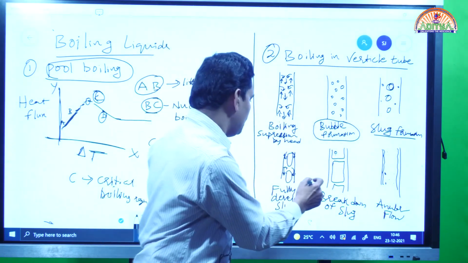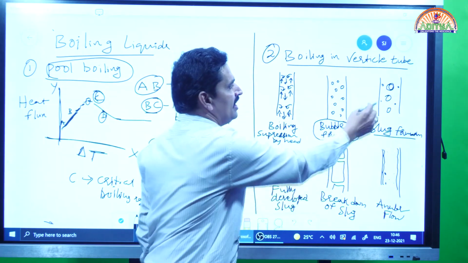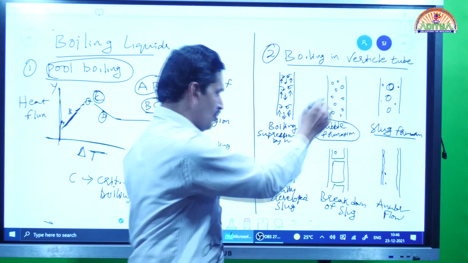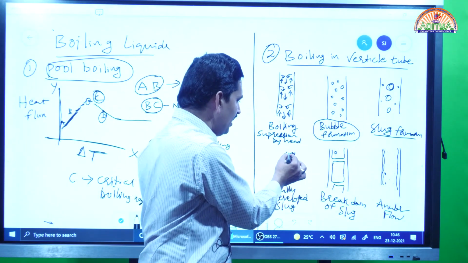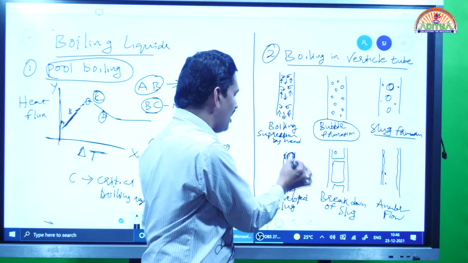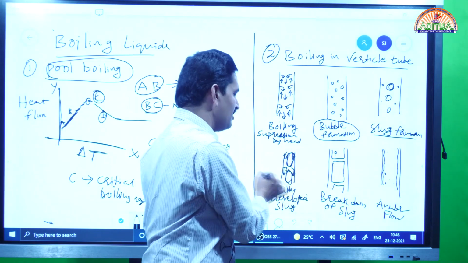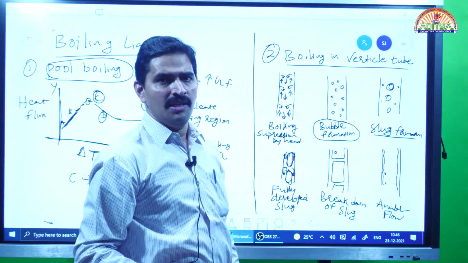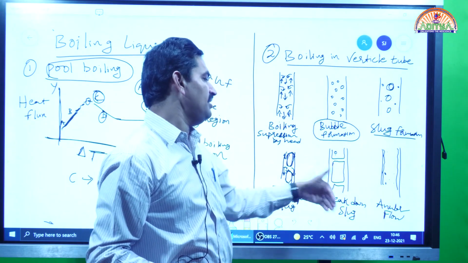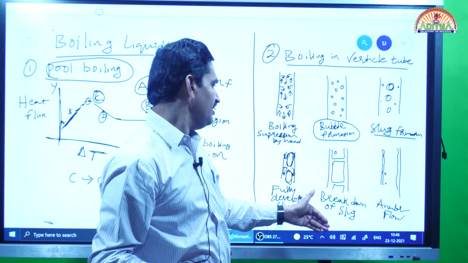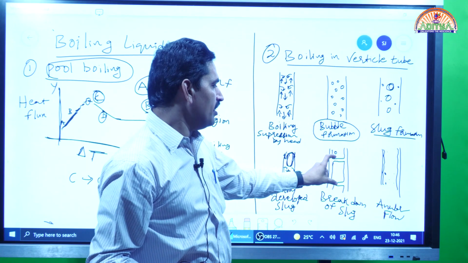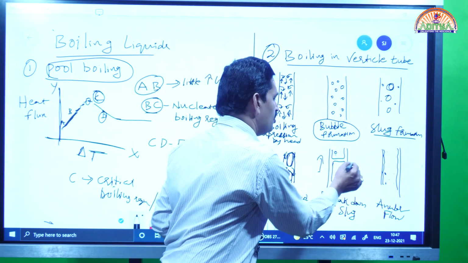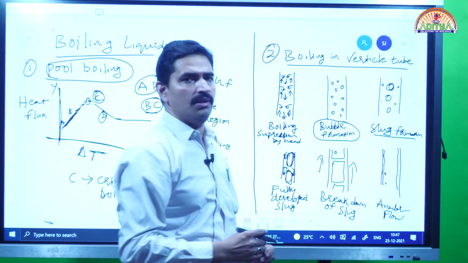Okay, further, these large bubbles get coalesced and form a large slug, a large bubble, that is called a slug. Whenever you further supply the heat, the slug is going to be carried upward through the vertical tube.